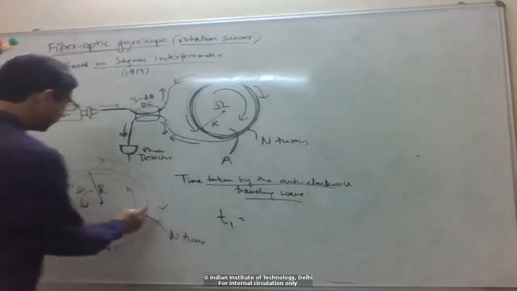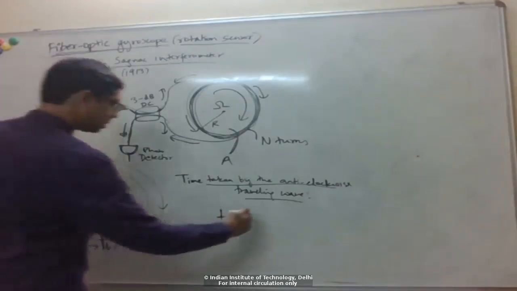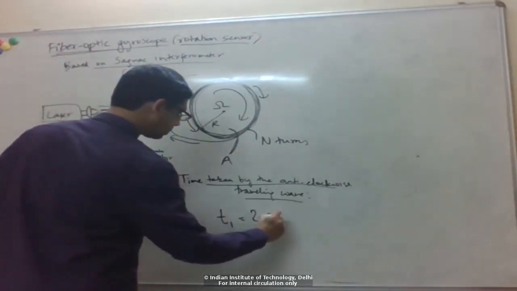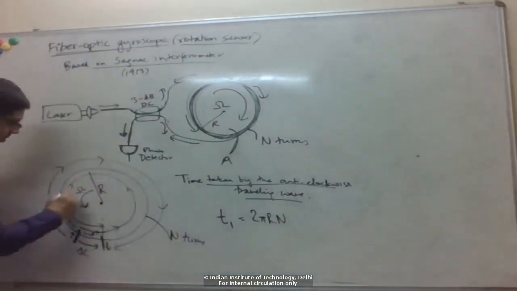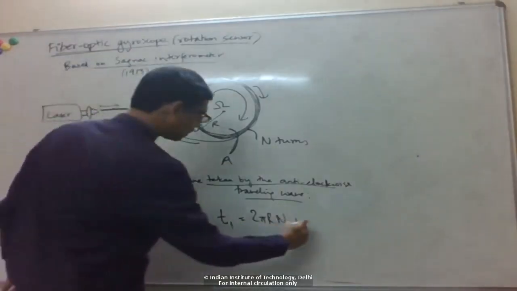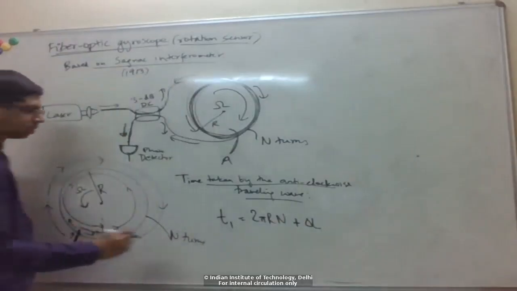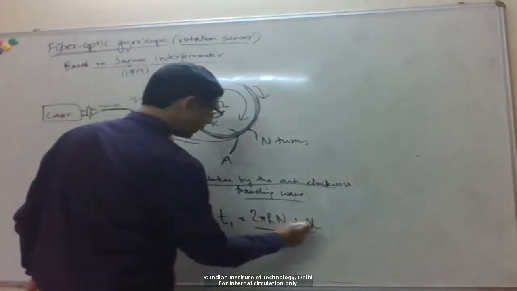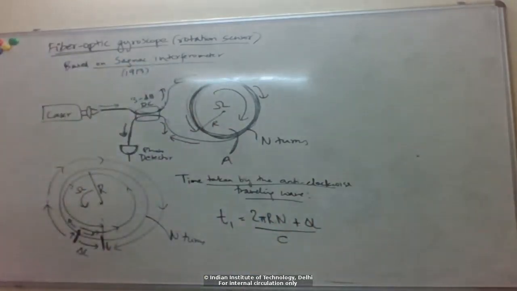So the distance that it traveled was n times the circumference, but then it had to travel this extra distance delta L before it comes out. To get the time, this is the distance divided by the speed c.